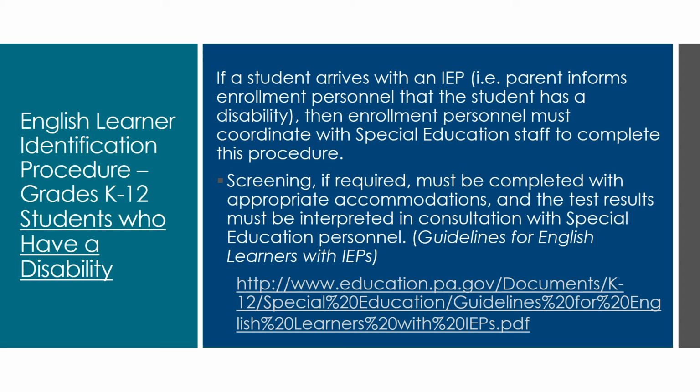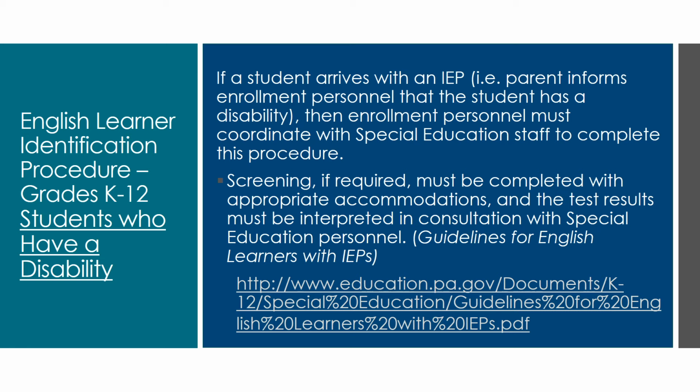After I identify the student, I also need to ask questions about what happens if a student arrives with an IEP. What happens when a student moves from one state to another, or one district to another, and has an IEP? Then you must coordinate with the special education staff in order to complete this procedure.